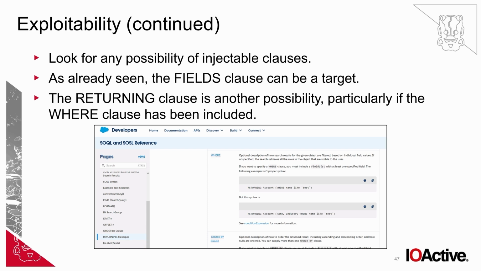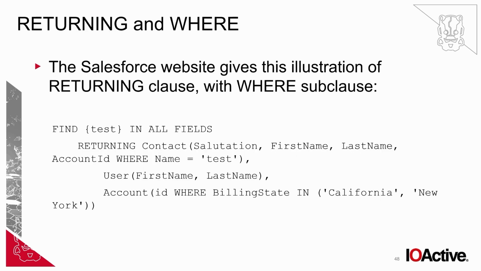Again, this is partly the reason for checking for sanitization earlier, because, I appreciate that's probably a bit small to read there, you can have a where clause that does an additional search comparison in there that could be a potential for abuse. The where clause would be used like in this situation, where it compares a test of inputs and then narrows down the SOSL search based on further inputs.